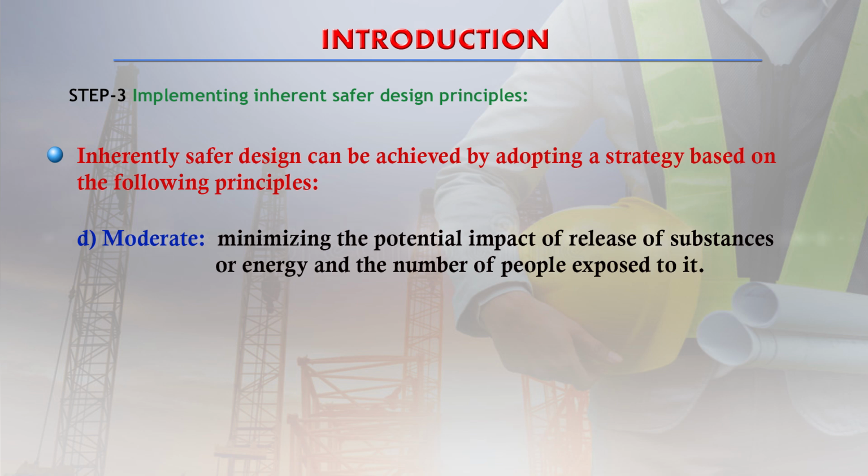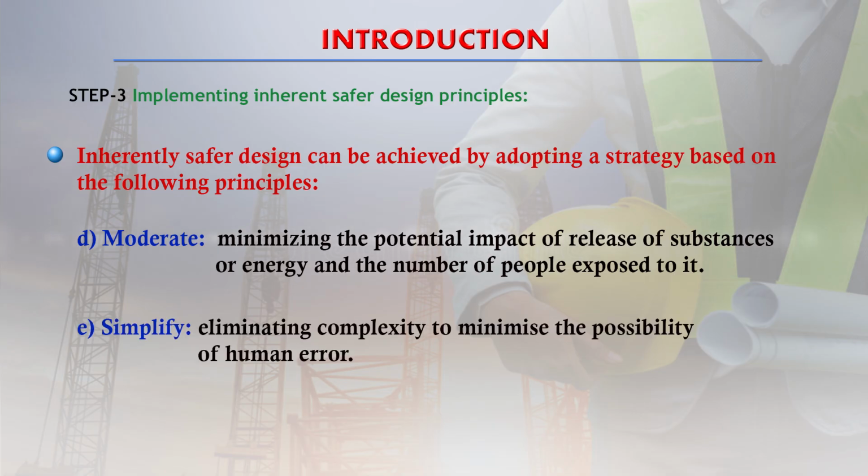In this case, we minimize the potential impact of release of substances or energy and the number of people exposed to it. And then next is simplify. This means eliminating complexity to minimize the possibility of human error.